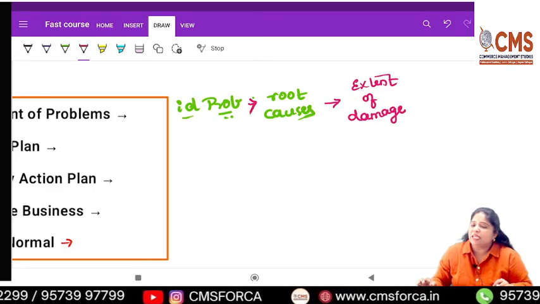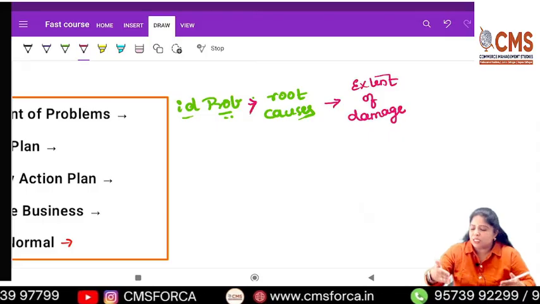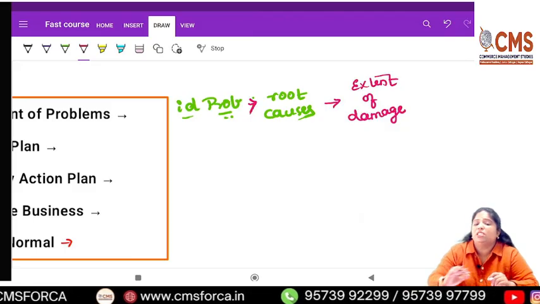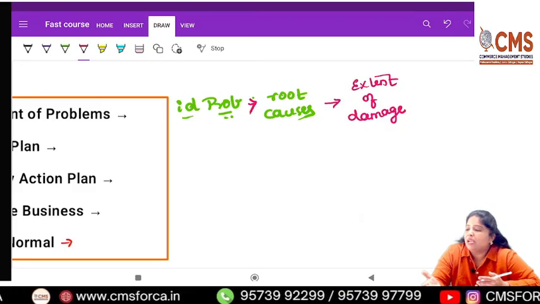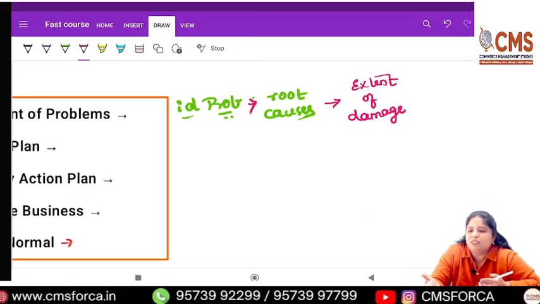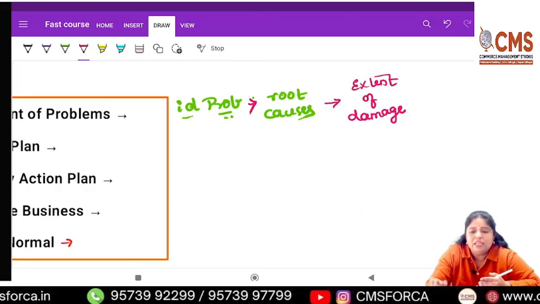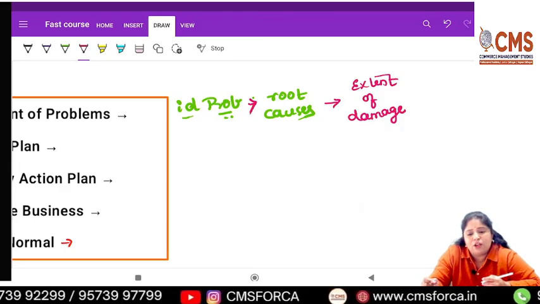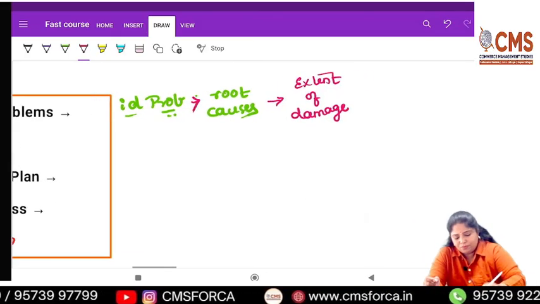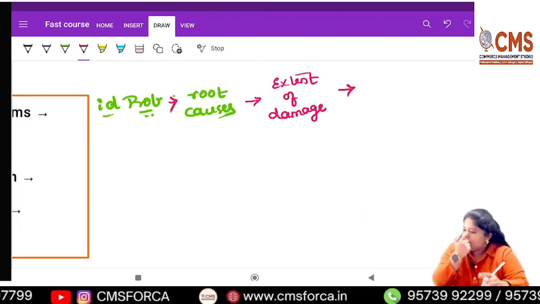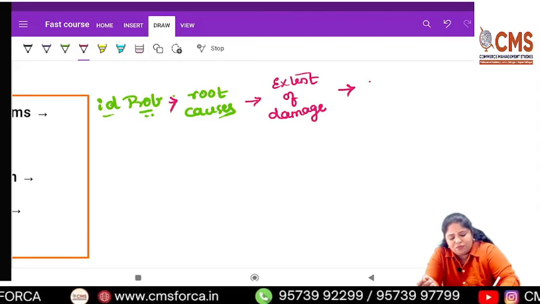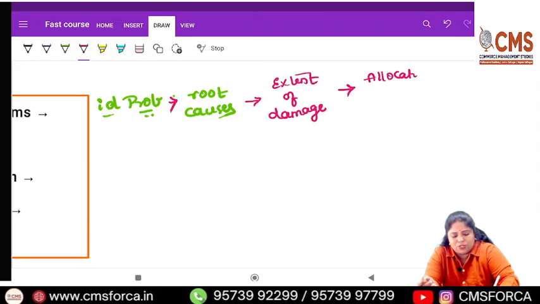While you are assessing the extent of damage, you have to assess whether the situation is recoverable or beyond recovery. Sometimes the damage happens so much that the situation becomes completely irreparable. So you need to assess the extent of damage. And once you are done with that, you start with allocating resources.